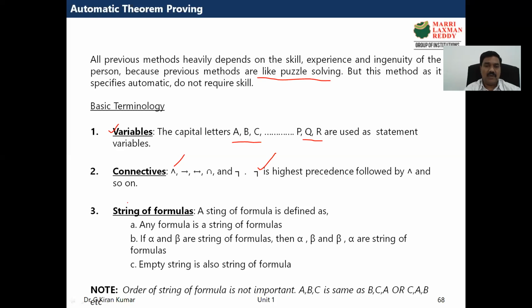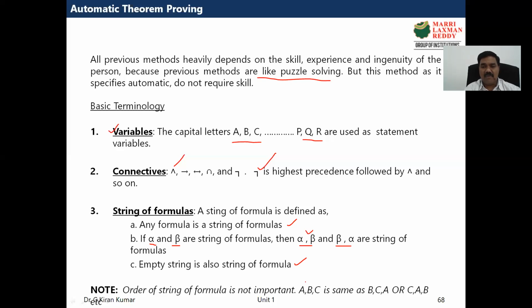Then the third point is the string of formulas. Any formula is a string of formulas, like any propositional function in our earlier context. Then if alpha and beta are two strings of formulas, then alpha comma beta or beta comma alpha are also strings of formulas. Even the empty string is also a string of formulas.